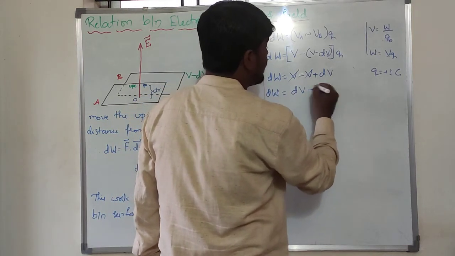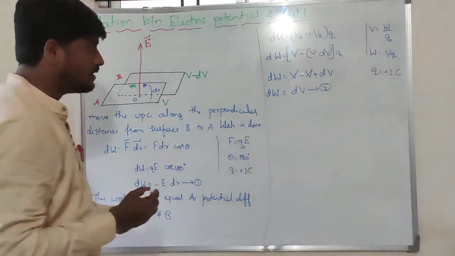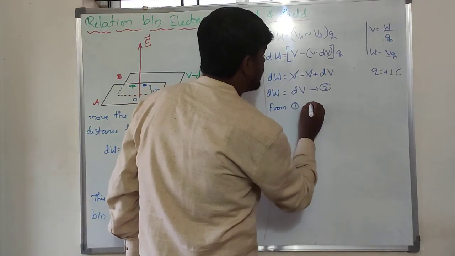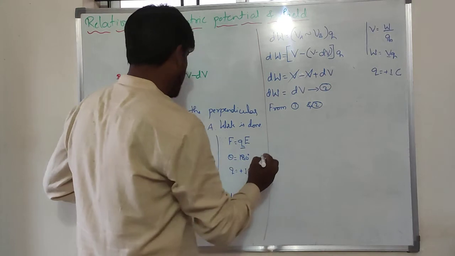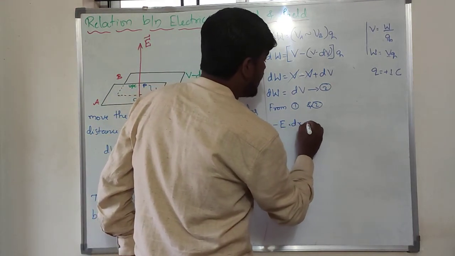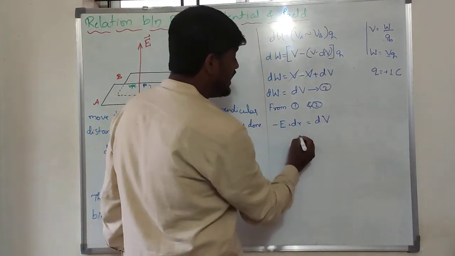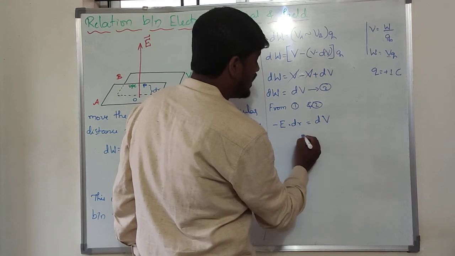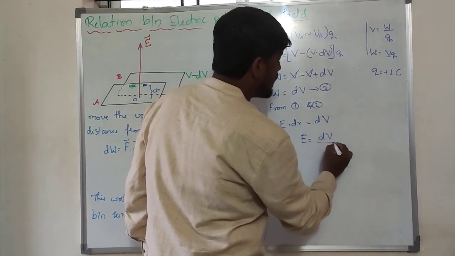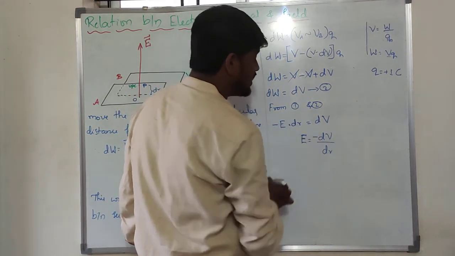Say equation number 2. Then if I compare equation number 1 with respect to 2, what I'll get? I'll get from 1 and 2, this is minus E into dr is equal to dV. What I want is what E is equal to. So E is equal to, if I take this dr this side, this becomes dV by dr. Then if I take this minus on this side, so it becomes divided by minus.